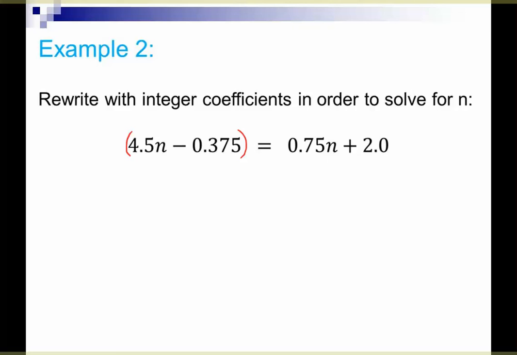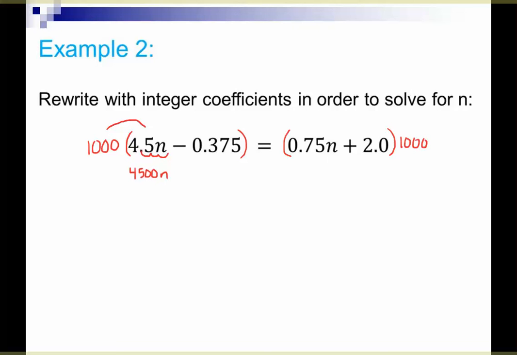So you should have begun by putting the left-hand side inside parentheses, multiplying it by 1,000, and same with the right-hand side. Put it in parentheses because this happens to the whole entire side. And let's see what we get here, because I found that this is commonly where people are going to make the most mistakes. 4.5, I'm going to have to move that decimal 1, 2, 3 places to the right. That guy ends up being 4,500n.